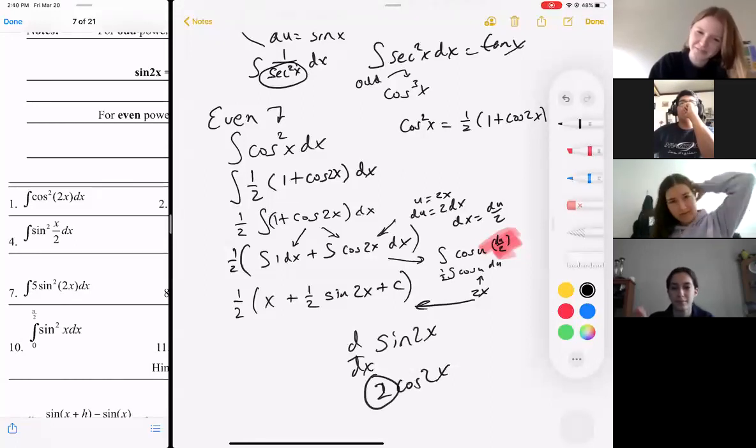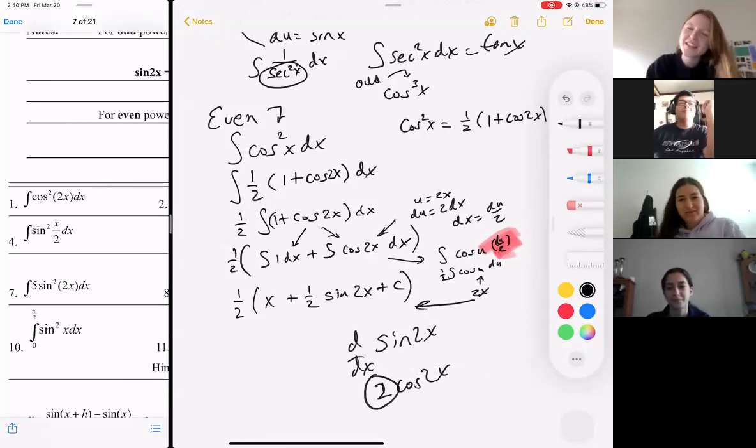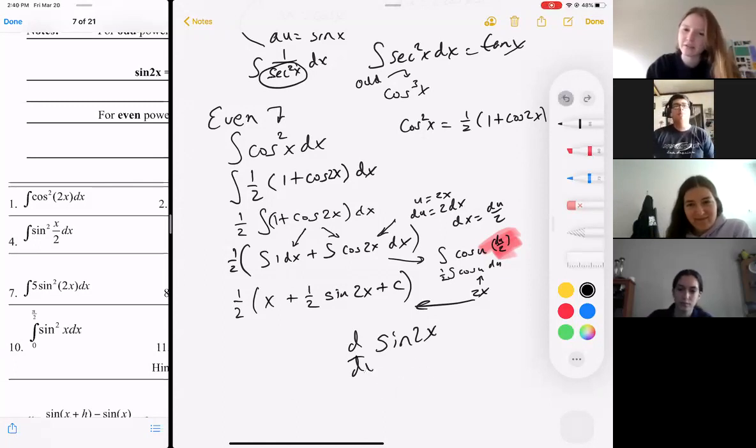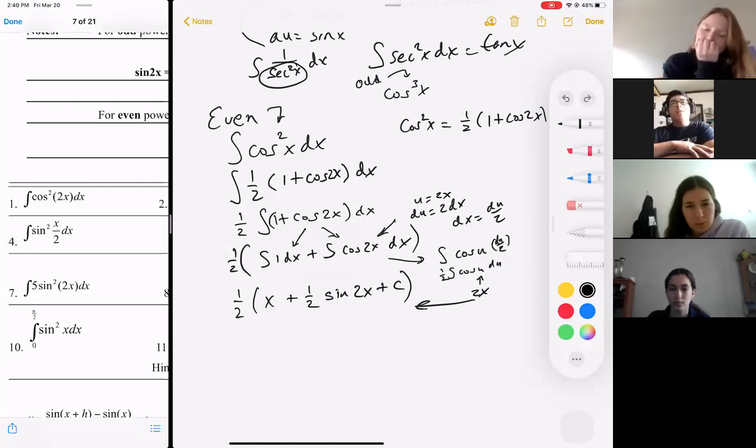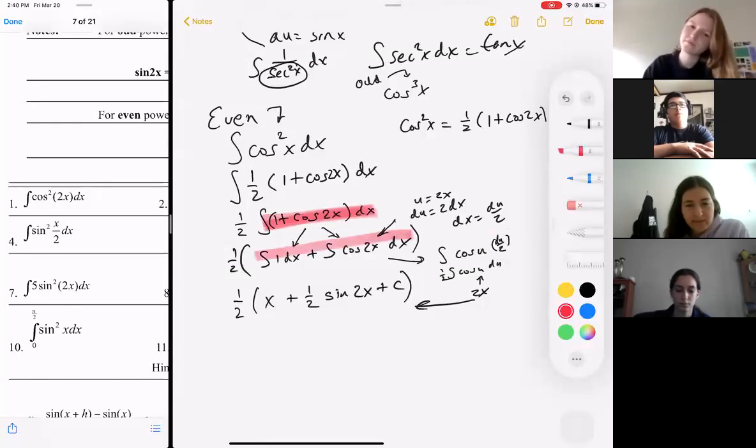Mr. Ko. Yes. Do you put the c in the parentheses to be multiplied by the 1/2, or is it Well, in the end, it doesn't matter because 1/2 c is just another c. Sure, but for like the answer's sake. I would say you could leave it out, but if you saw the way we did the math here, this is all times 2, so the whole answer must be times 1/2 multiplied by 1/2.